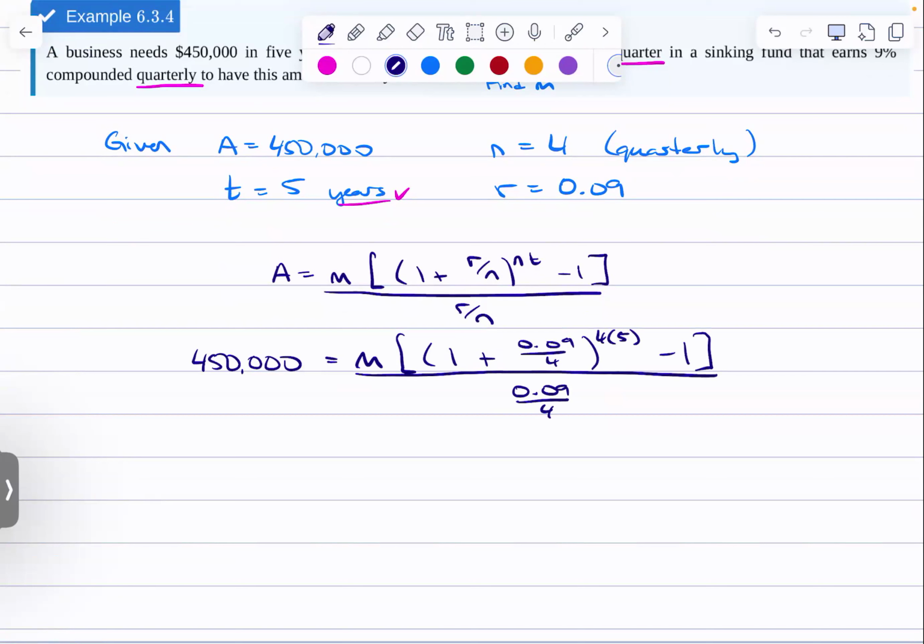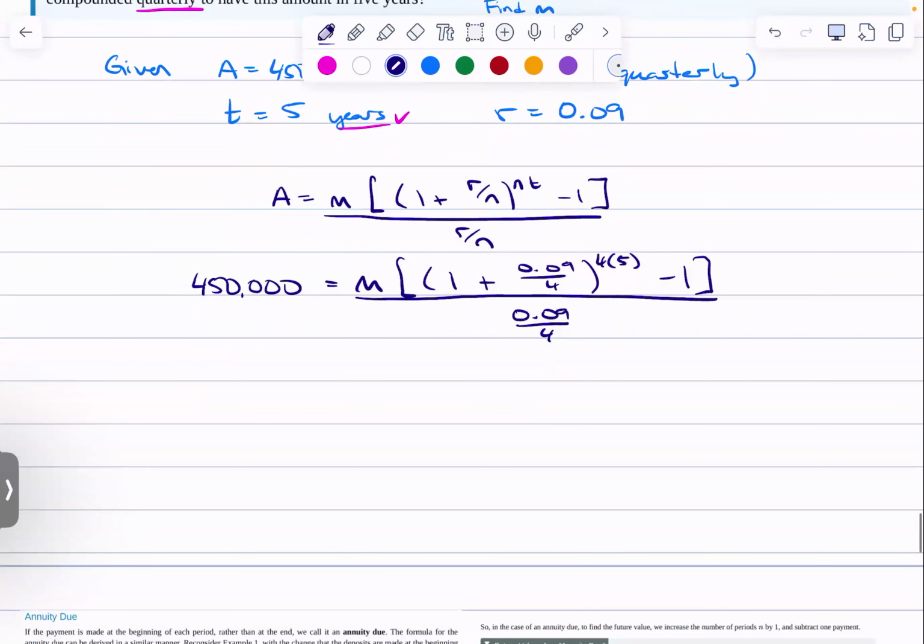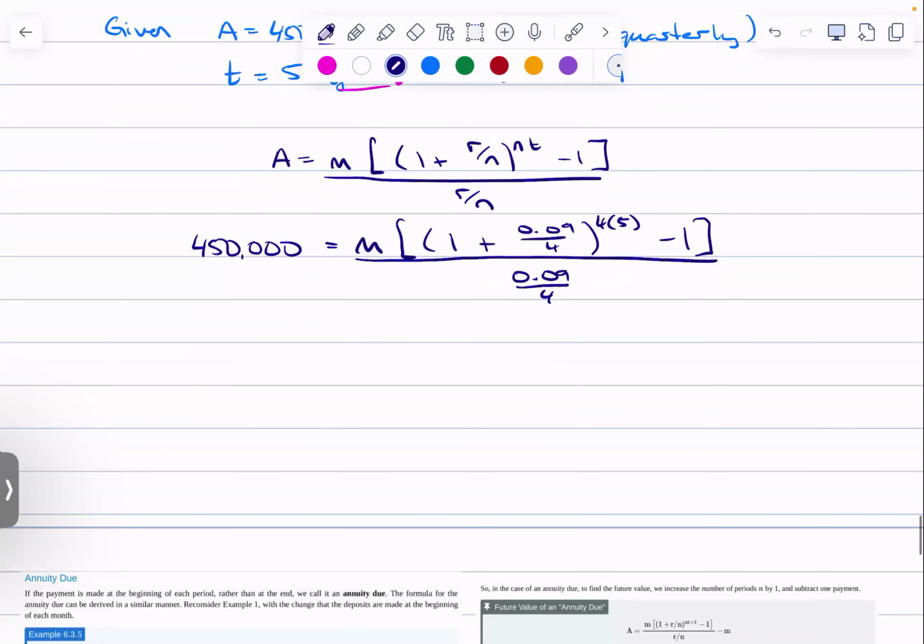I hope 0.09 divided by 4 is a nice number. Great, that'll save us some writing. Now, 450,000 is annoying to write out, so if something's not changing on one side of the equal sign, you can just leave it blank.